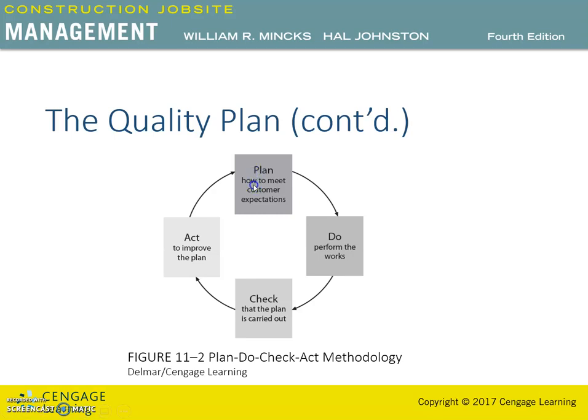Similarly, the plan will also include procedures for subcontractors to comply with the quality management program. Subcontractors are responsible for a large portion of the work and need to be involved in the quality management program. The procedures for assuring that the subcontractors have proper conditions for the optimal execution of their work are also needed.